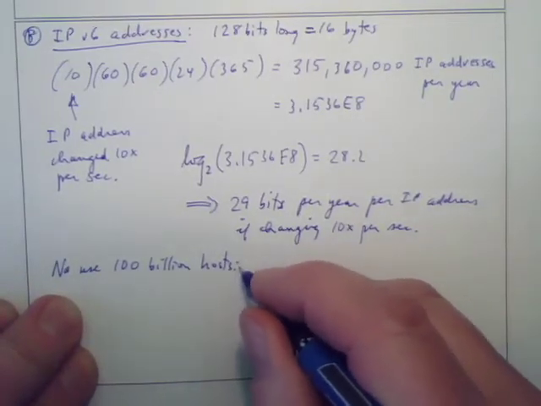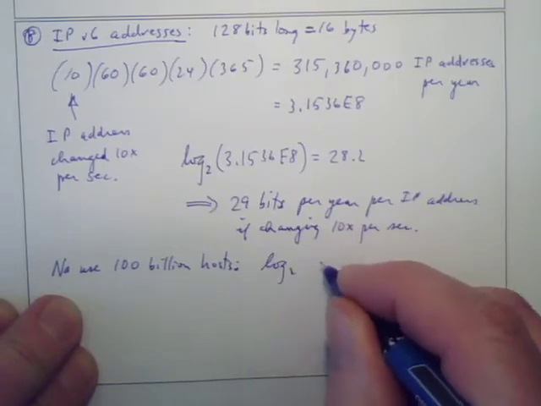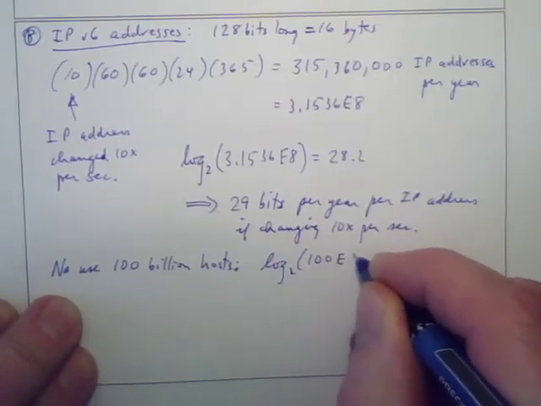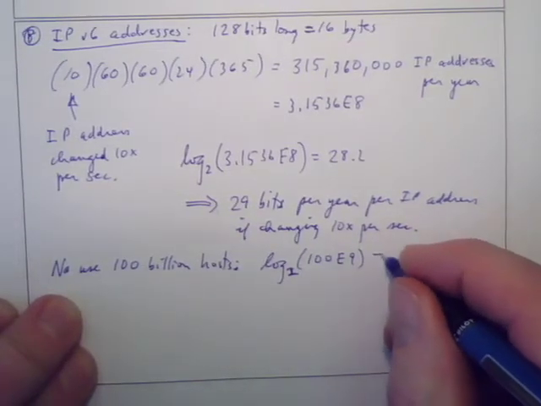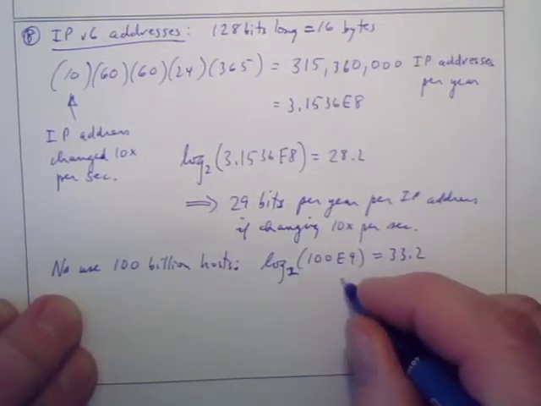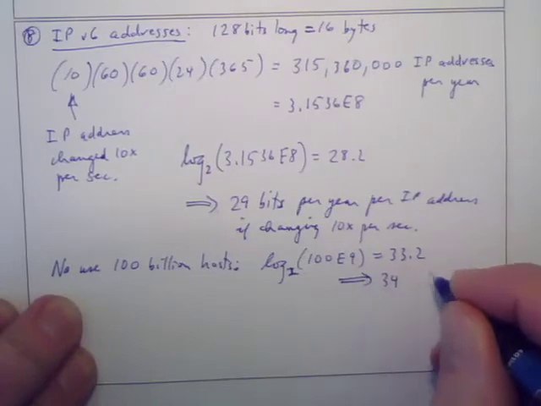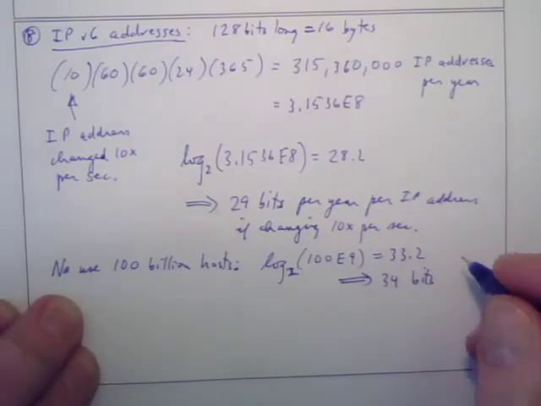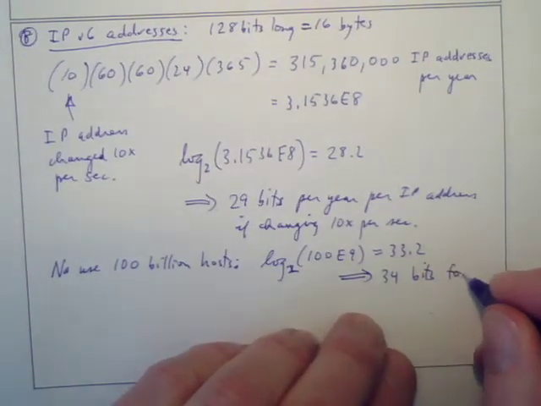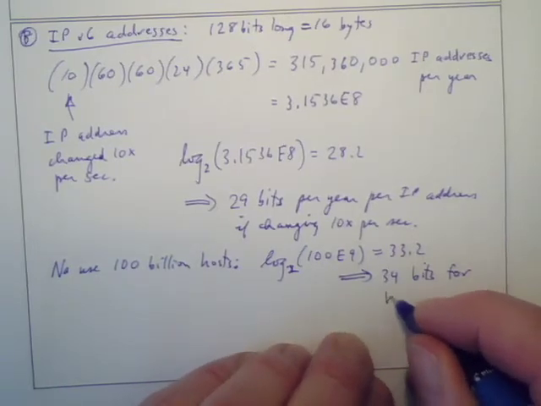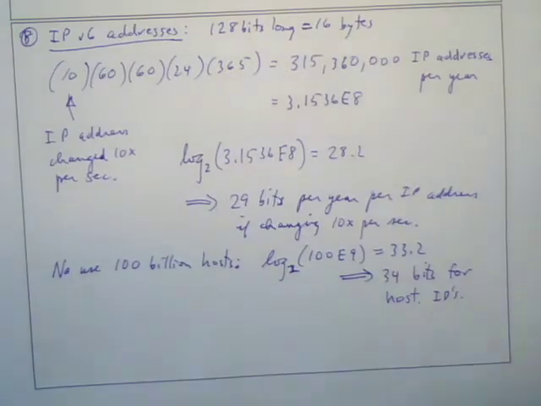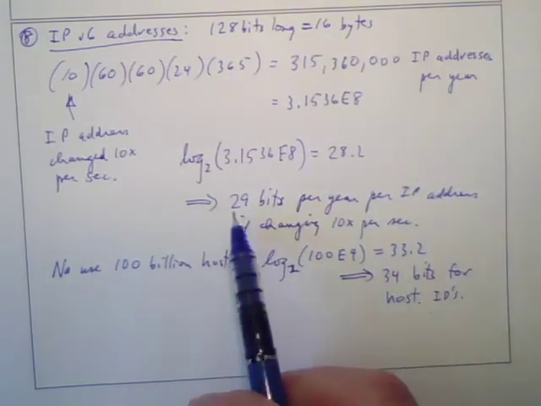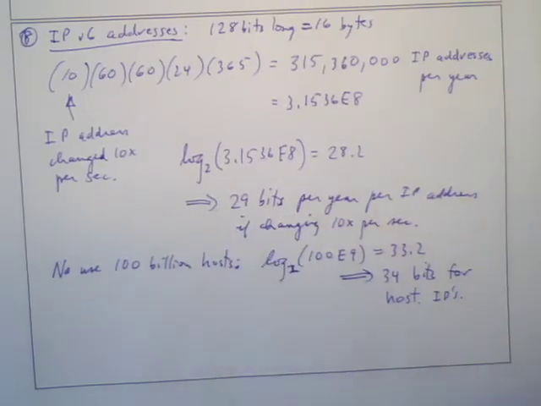And what we'll do is we're going to do log base 2 of 100 times 10 to the 9th. And that's going to tell us how many more bits. And this is 33.2, so it takes 34 bits for the hosts' IDs.